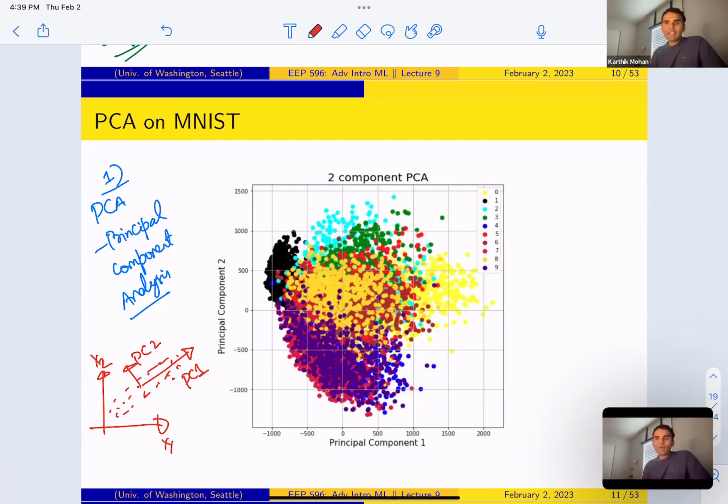So what that tells us is where there is a good amount of variance in the data, maybe that's where the insight lies. For instance, for the same example of housing price, if you look at square footage, is there variance in square footage as you go across different homes? Yeah, we do see a lot of variance, right? So perhaps square footage is an indication of price.